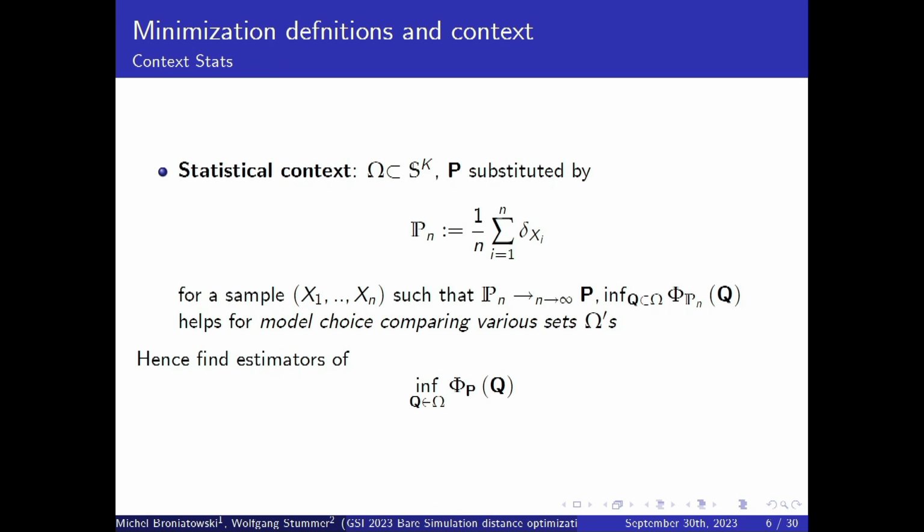In that case, we would like to investigate the infimum value of the criterion phi based on P_n when Q runs in omega, and this will be a way to quantify the adequacy of, obviously, P to omega. And this is the main tool for assessing the fact that we make model choice. So from the statistician's point of view, this has to do with model choice.